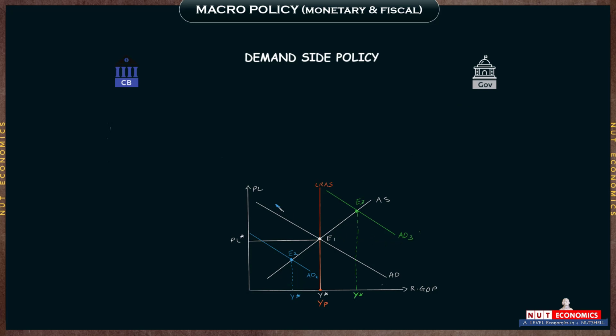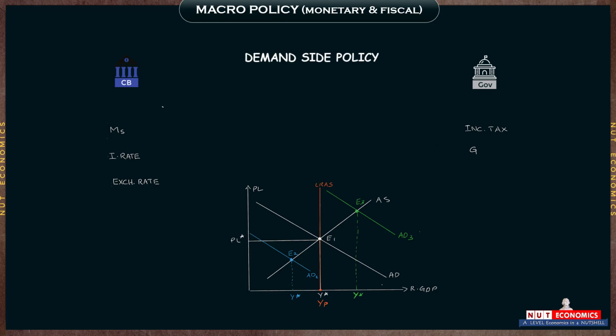Now, the tools in the hands of the central bank with which it can control the country's aggregate demand are money supply, interest rate, and exchange rate, whereas the tools in the hands of the government are income tax and government spending.